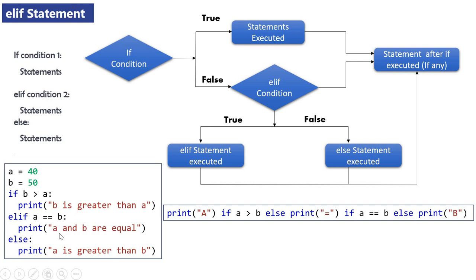In that case it will print A and B are equal. If both the conditions, for the if and the elif, are false, then the else will be executed, meaning it prints A is greater than B. We will see some practical examples in the upcoming video, so stay tuned.